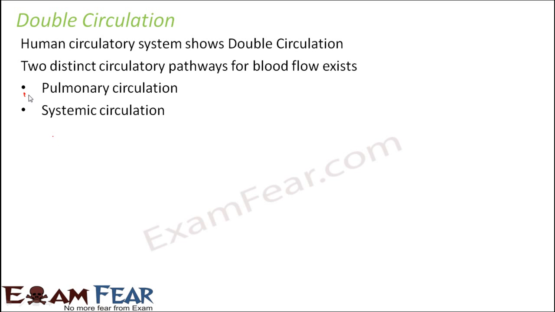The word pulmonary is always related to lungs. So the circulation of blood between lungs and heart is known as pulmonary circulation. And systemic circulation takes place between heart and different parts of the body.